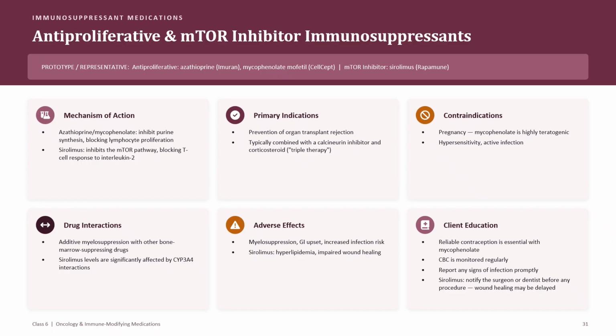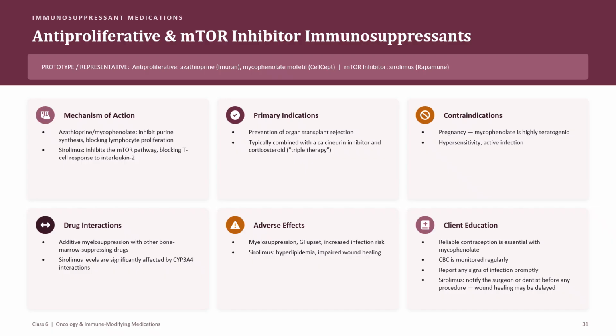If you don't have purines, then you don't have new DNA, and so there are no proliferating lymphocytes. And then sirolimus takes a completely different route. It blocks the mTOR pathway that T cells need to respond to that interleukin 2 signaling.